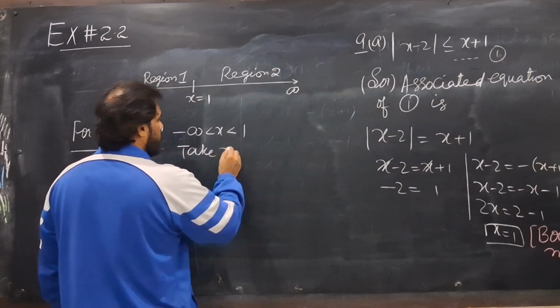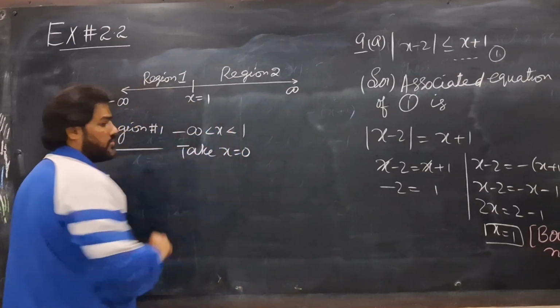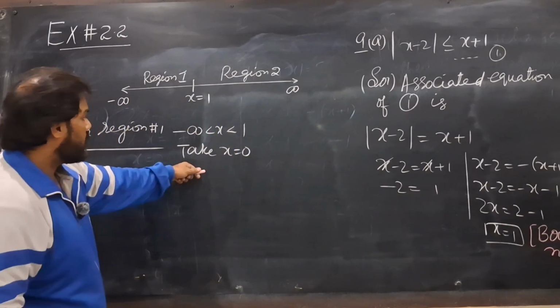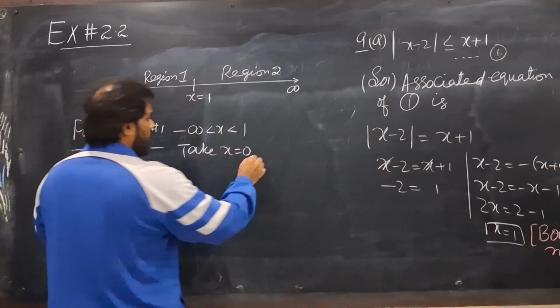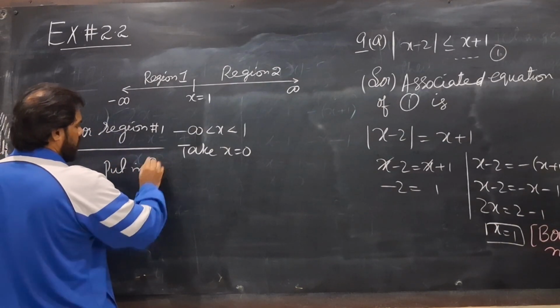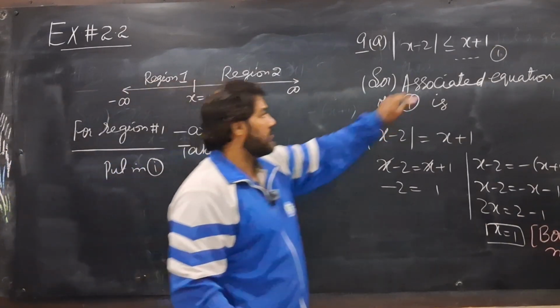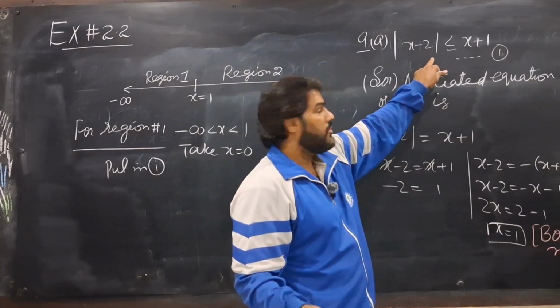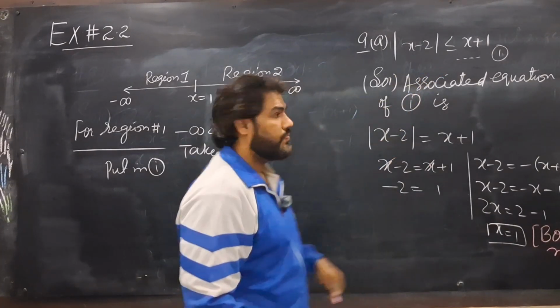I can take x is equal to 0 from this region. Put x is equal to 0 in 1. What is 1? This is my original inequality. So put x is equal to 0 here.